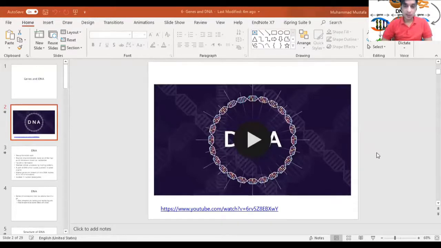And you should know what that DNA is, what are the different components which are involved in the structure of DNA, and number 3, what are the functions of the DNA? So what is DNA? What is the structure of DNA? And last but not the least, what is the function of the DNA?